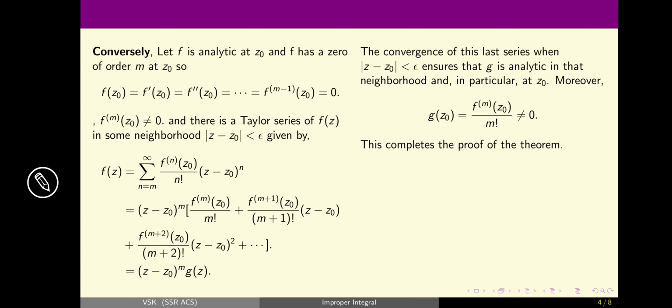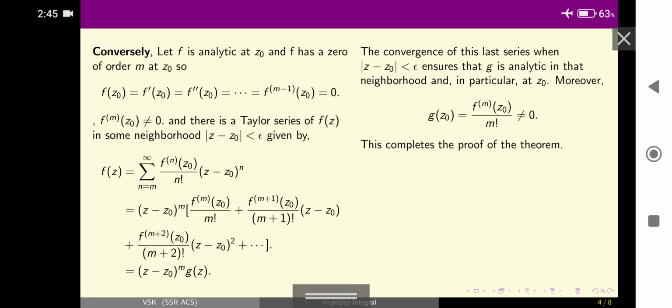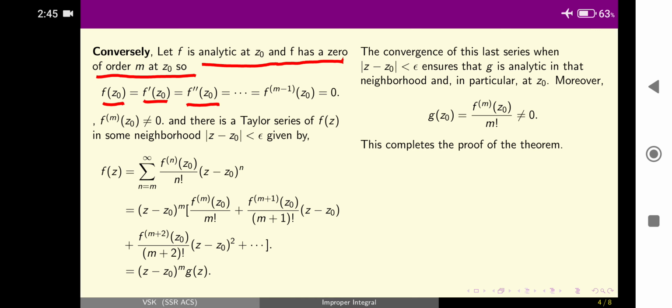Now let us see the converse part. Suppose f is analytic at z naught and f has a zero of order m at z equal to z naught. So by definition, f at z naught, f dash at z naught, f double dash at z naught, up to the (m minus 1)th derivative at z naught, all will have the value 0.